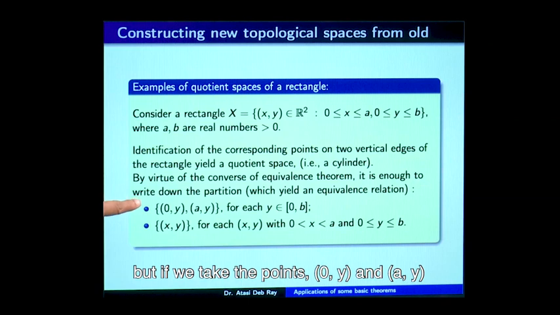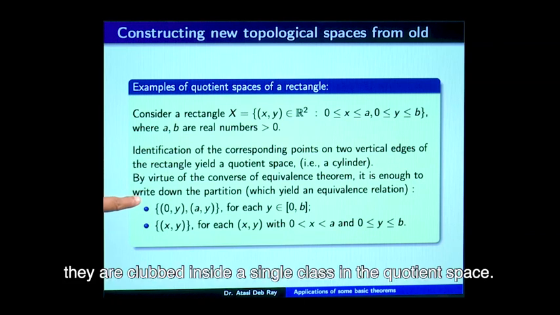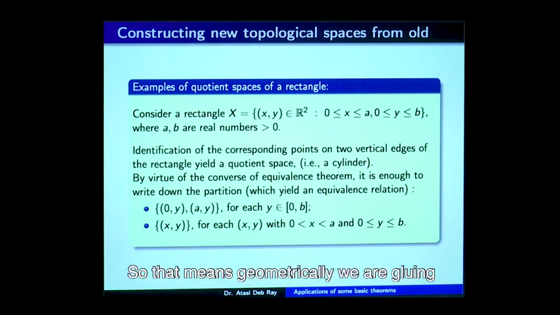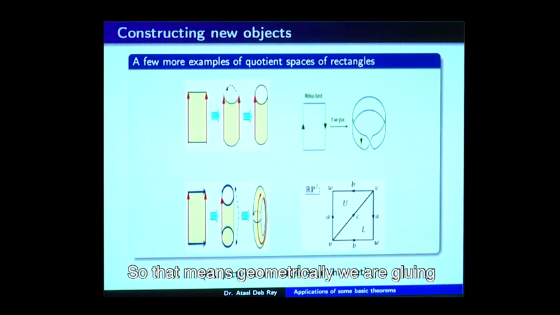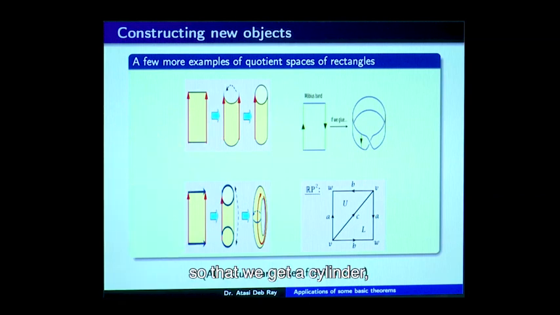But if we take the points (0, y) and (a, y), that is on the vertical edges, they are clubbed inside a single class in the quotient space. So, that means geometrically we are gluing the vertical edges of a rectangle so that we get a cylinder. So, that means a cylinder is coming as a quotient space of a rectangle.